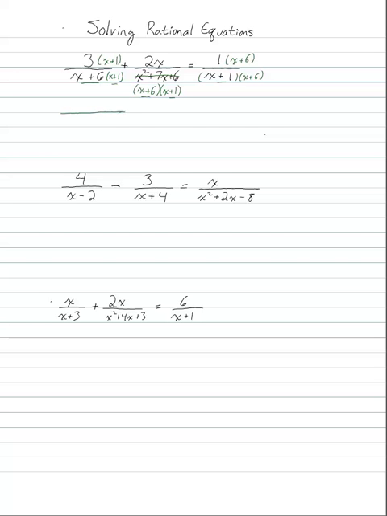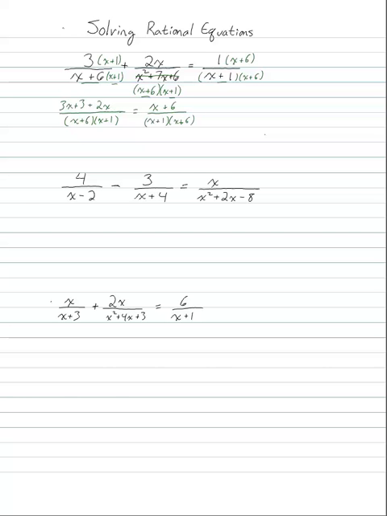So I'm going to have 3, go ahead, distribute, x plus 3 plus 2x over x plus 6, x plus 1, equals, and again I'm going to distribute on the right side. It's a 1, it doesn't really change anything. x plus 6 over x plus 1, x plus 6.